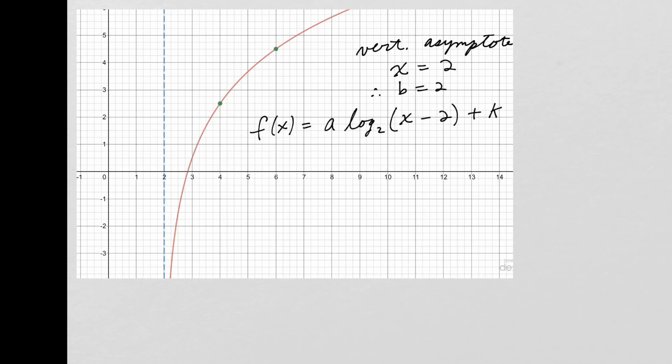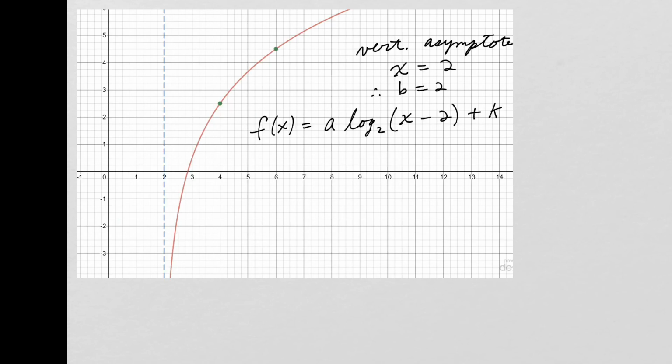All right. So now that we know that general formula, if we can find a and k, then we're done. Then we have our actual equation. Well, how do I find a and k? I'm going to use 2 points that I know lie on the graph, so that I know that they satisfy that equation. So I can plug in those 2 points, and I can use that to find a and k. Well, what are the 2 points? I highlighted them here, right?